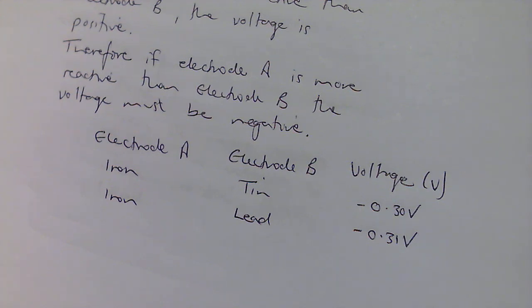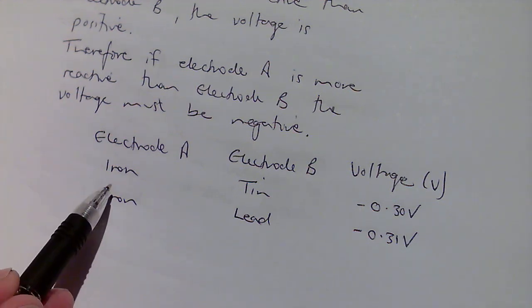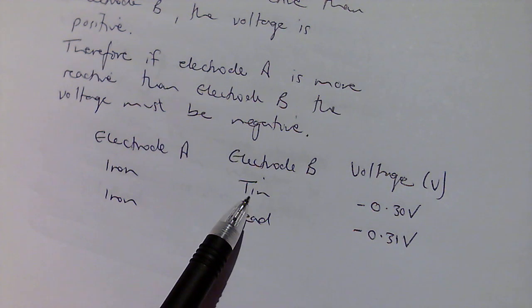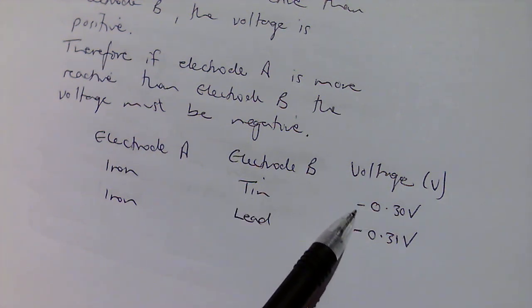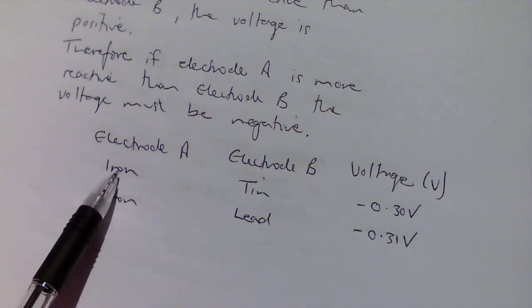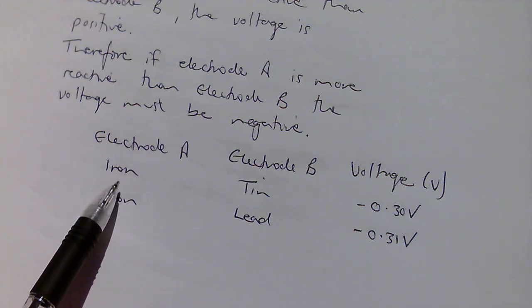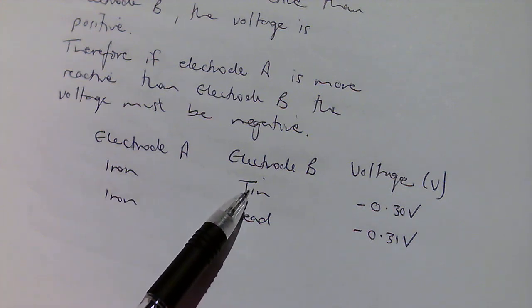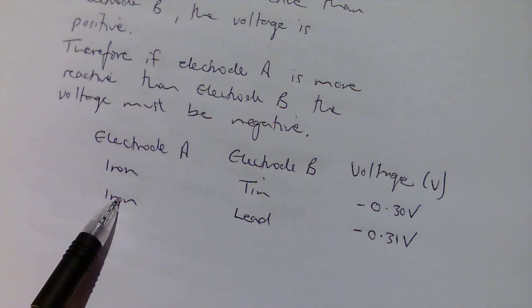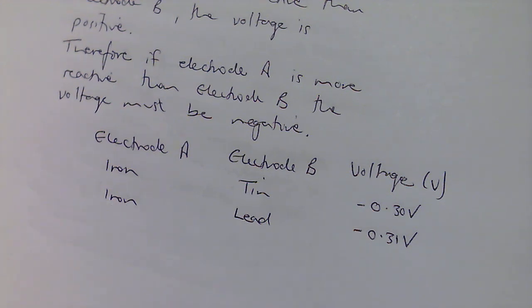So these voltages are both negative, so electrode A in both cases is more reactive than electrode B. So iron is more reactive than tin, and iron is also more reactive than lead. But then how do we work out which one out of tin and lead is more reactive?